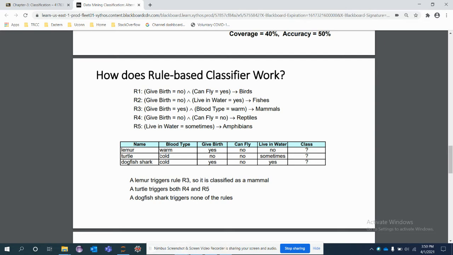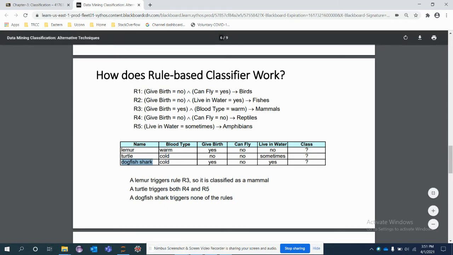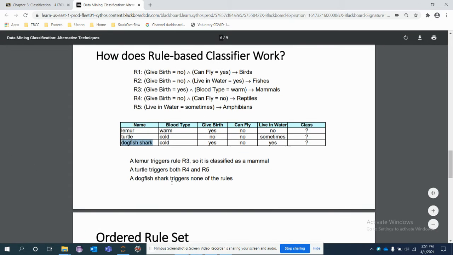And the turtle is triggering both the R4 and R5. If you look at the rule antecedent, you can find the match here as per the table. And for dogfish shark, there is no match for any one of the rules provided here. So this is how the rule based classification works.